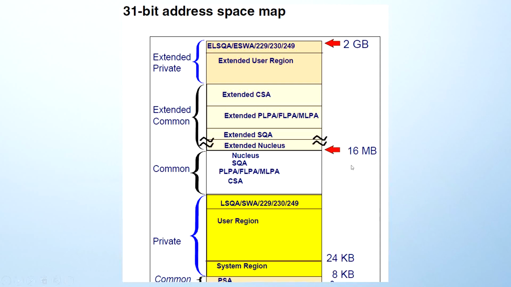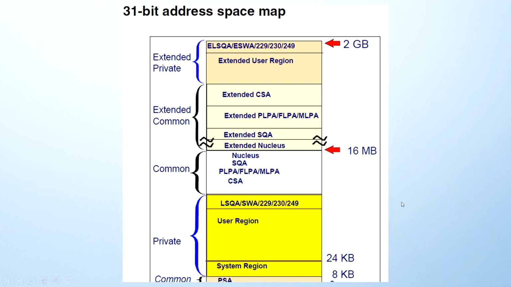As I said, initially it was not designed for 2 gig or beyond, so the initial limit of a typical address space is 16 meg. You see the nucleus, SQA, LPA, and CSA, and once the architecture was improved, the same names appear prefixed with extended. The only thing you see only below 16 meg is the PSA. The rest is like a replica above and below the line.